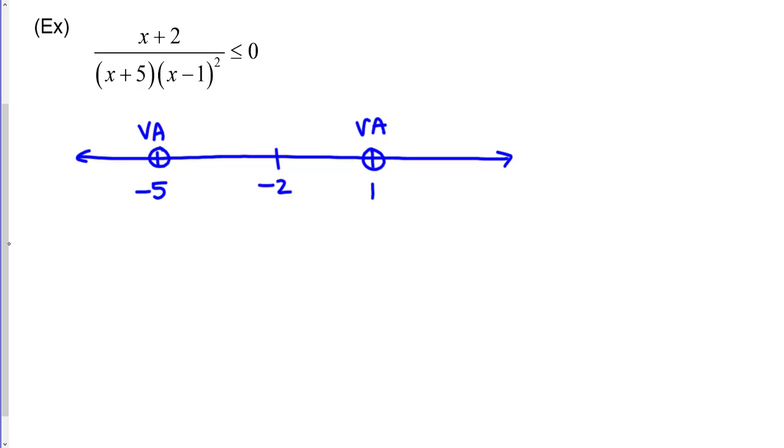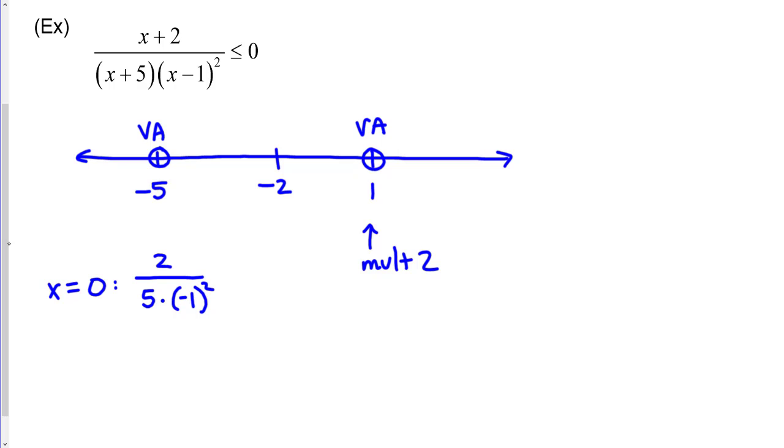So the next thing that I need to do is determine where this function is positive and where it's negative. So if you'll notice, the -2 and -5 are multiplicity 1, but this 1 is multiplicity 2. So I'm going to take 0 and plug that in and see what I end up with. So when x is equal to 0, I would have 2 over 5 times -1 squared. -1 squared would be +1.